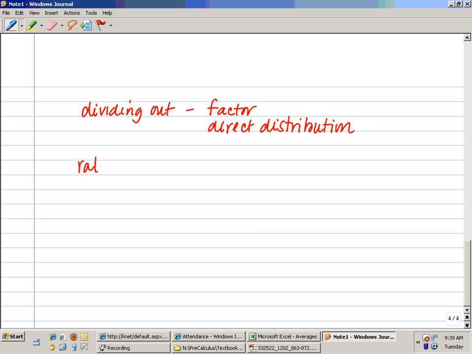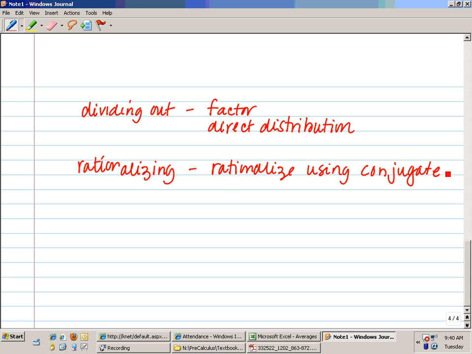Then rationalizing, you rationalize using the conjugate, and then use direct distribution.